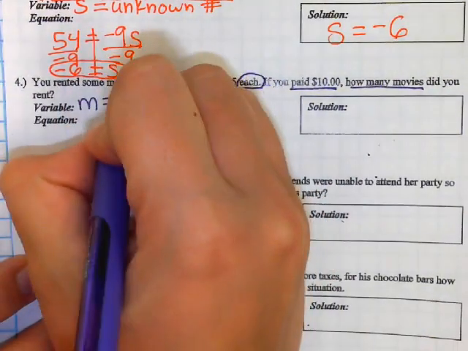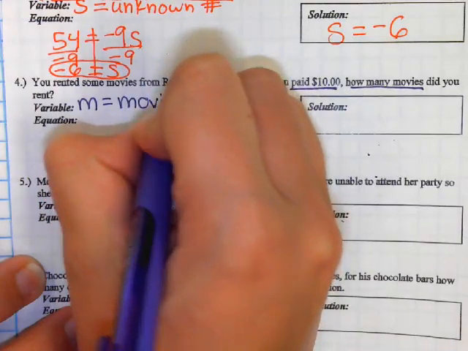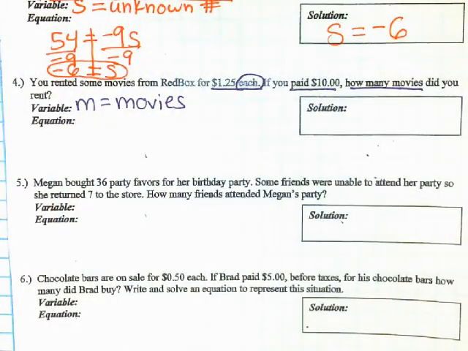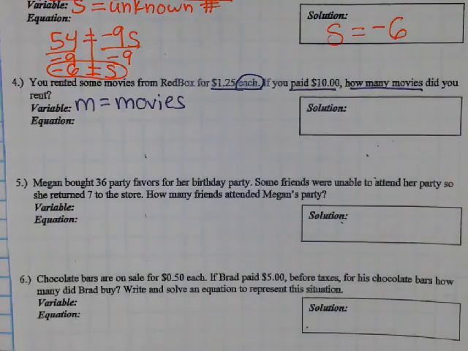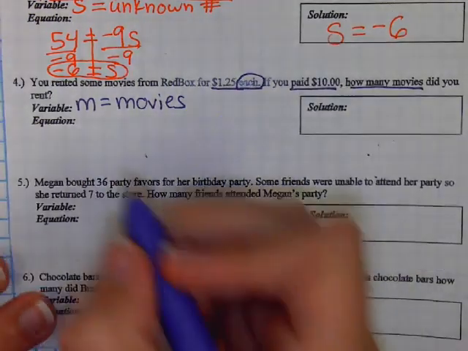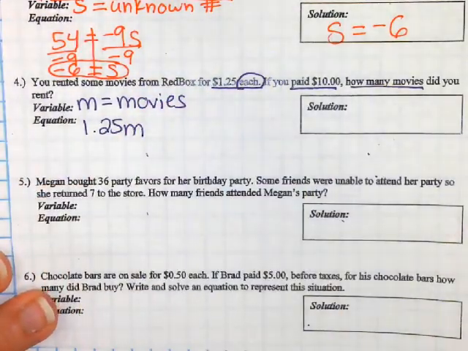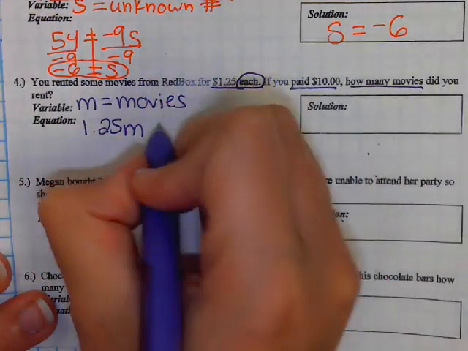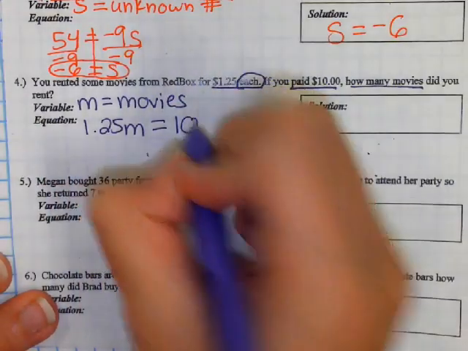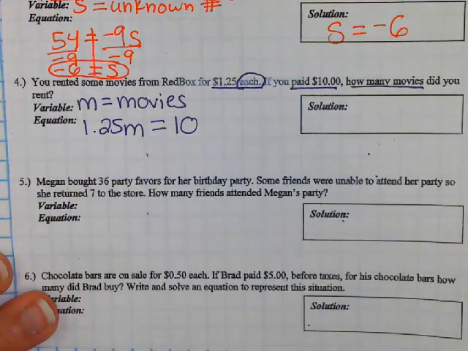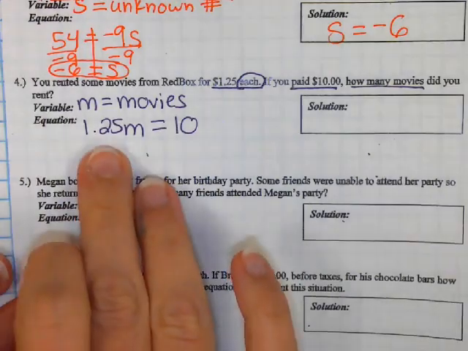My variable is going to be M for movies. $1.25 each. So that means that each movie costs $1.25. So I'm going to multiply my $1.25 times the number of movies that I rented, and that will equal my $10. I have multiplication here.